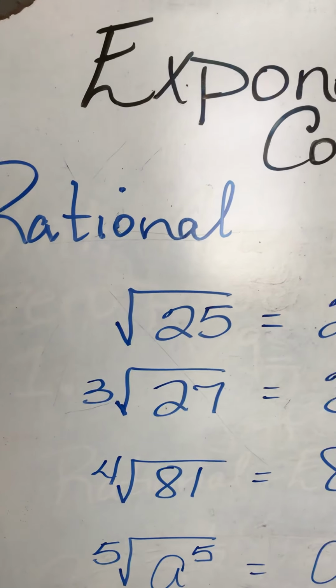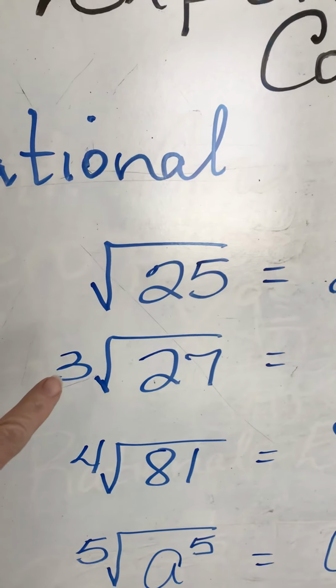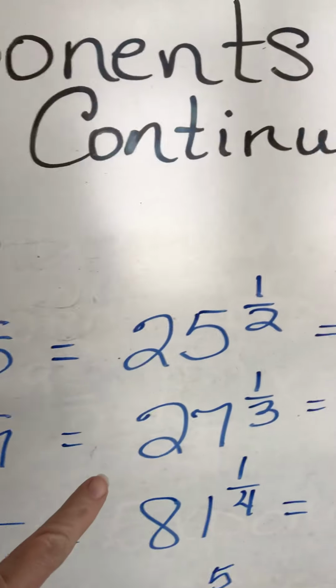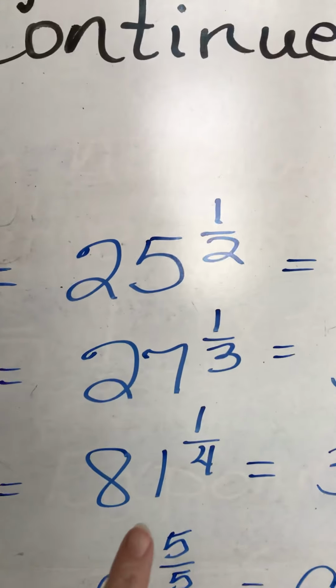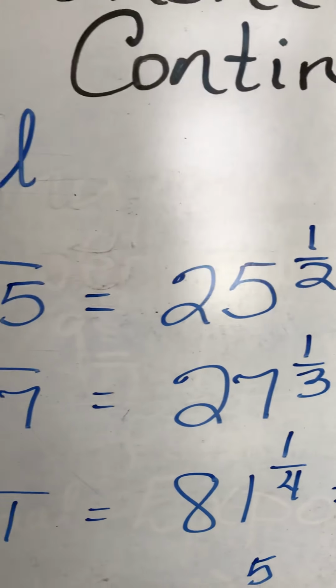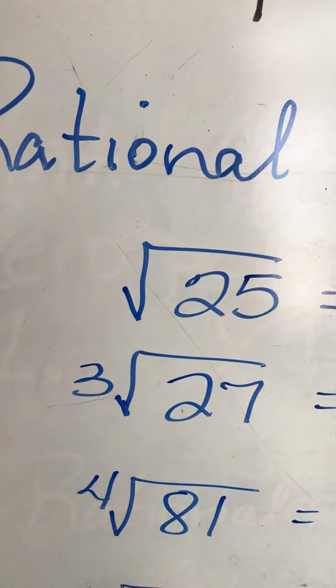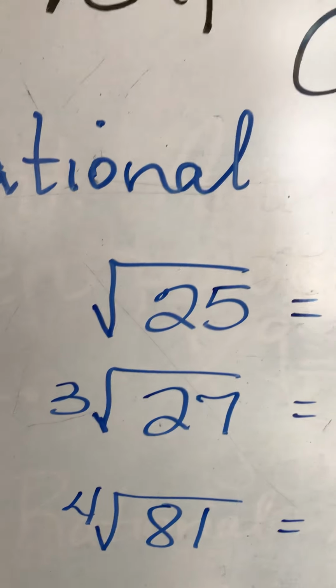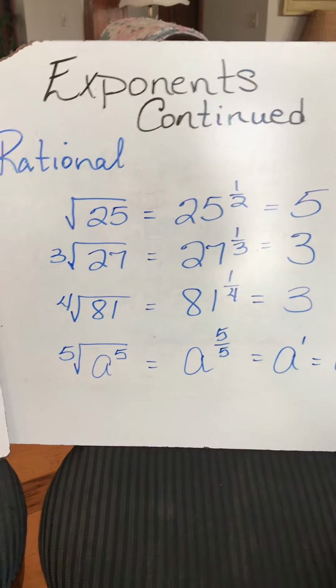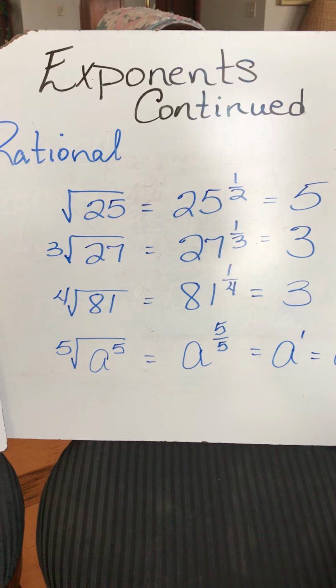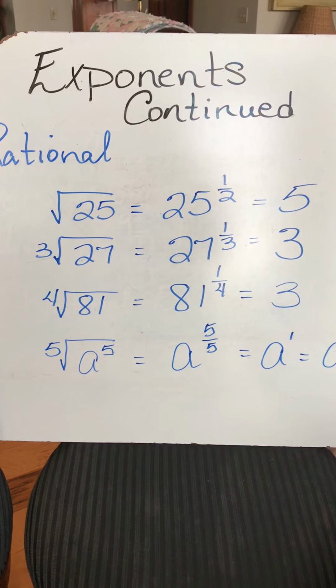Or you've got the cube root of 27. That can be written as 27 to the 1/3. So if you think about it, 27 to the 1/3 is equal to the third root of 27. 27 to the 1/3 is equal to 3 because 3 times 3 times 3 is equal to 27.